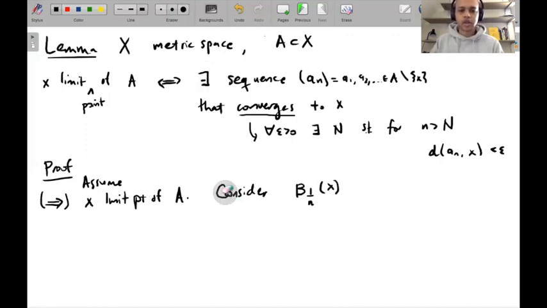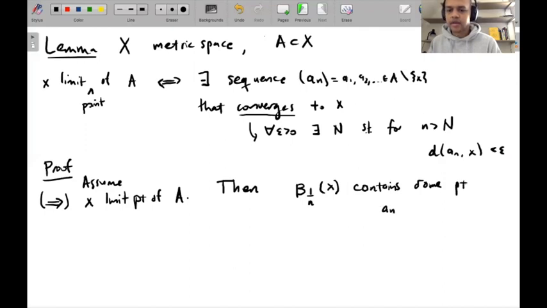So by assumption, let me say it this way. x being a limit point, this implies that this contains some point, let's call it an, in A and not x.